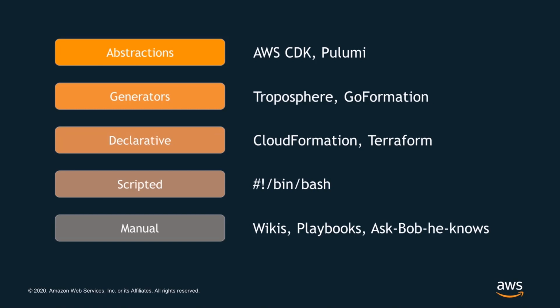This led to growing size of templates which were hard to maintain in JSON or YAML format. So the next idea was to use generators, write code that generates JSON or YAML documents from classes and methods of a programming language. And on top of that idea, new tools emerged such as AWS CDK or Pulumi, which provide tools and frameworks to create custom abstractions for cloud infrastructure.